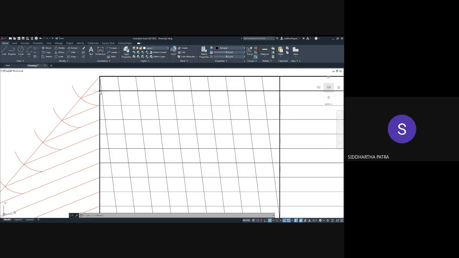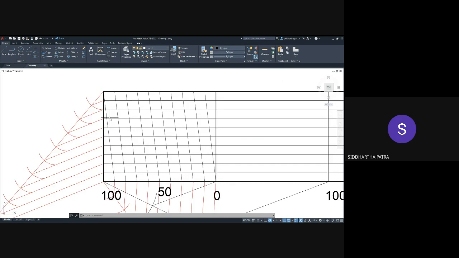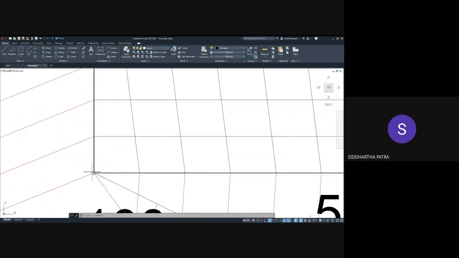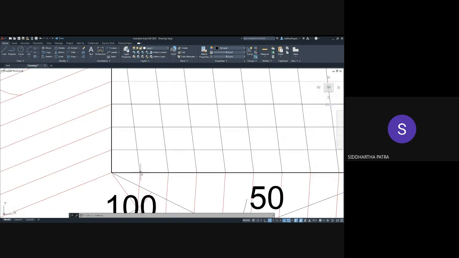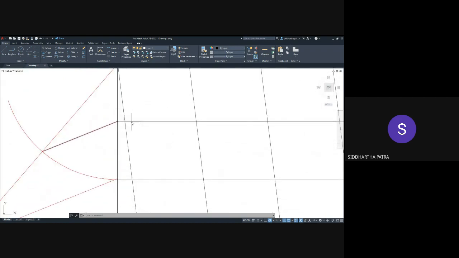Look at the smallest triangle right here. This is 1/10 of the vertical line, and this is 1/10 of the oblique line. So what is trapped between the two, the horizontal line right there, is also 1/10 of the length of this 10-meter base. So this line segment right here is 1 meter.